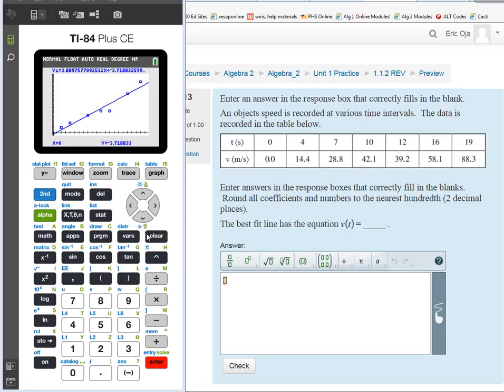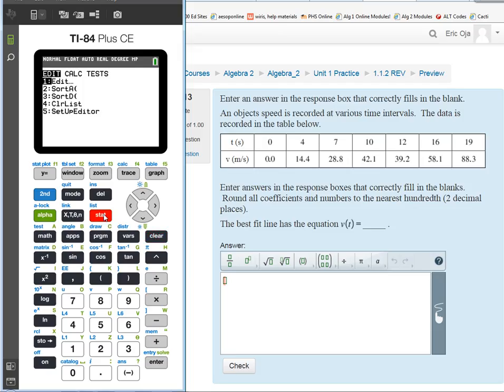So when I want to do something like this, where do I go to store those values, to input those data points? Where do I go? Not y equals. Stat.